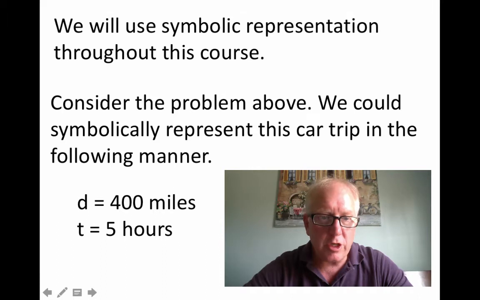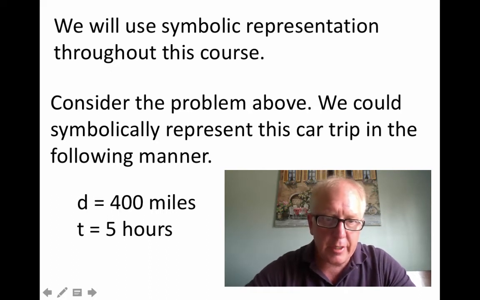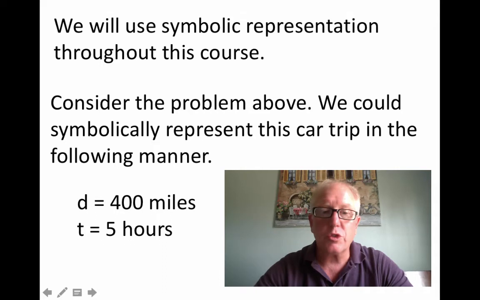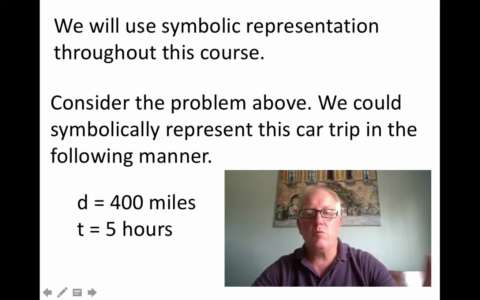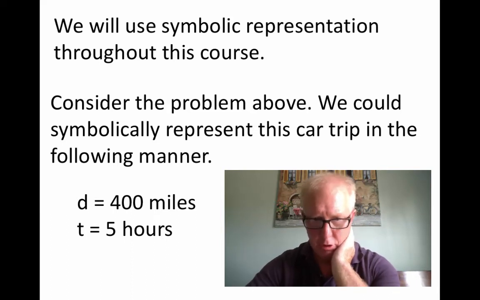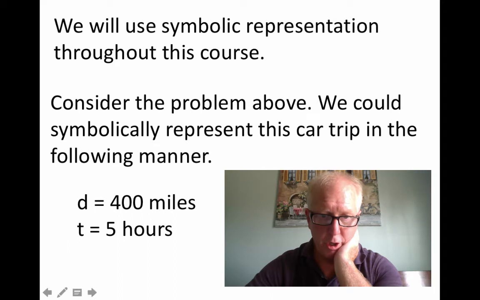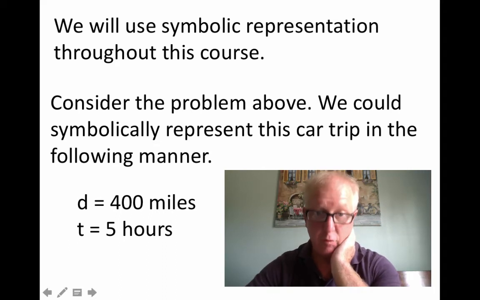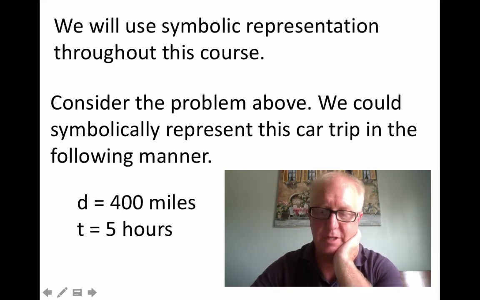When they tell you they covered a distance of 400 miles, here is the symbolic representation: D is equal to 400 miles. And for the time, T is equal to 5 hours. The other thing that we're looking for is the speed, but we're going to use the distance and the time to get there. Notice that the units are important. 400 is not a distance. 400 miles is different. That's a distance.